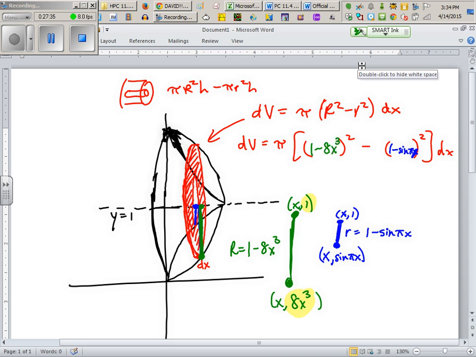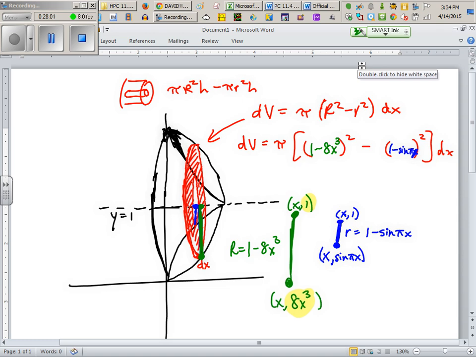Now let's say you get it backwards, and you accidentally do 8x cubed minus 1, or maybe sine pi x minus 1. Are they going to deduct points? One minus 8x cubed squared, but then you accidentally wrote 8x cubed minus 1 squared. Are they going to deduct a point for that?